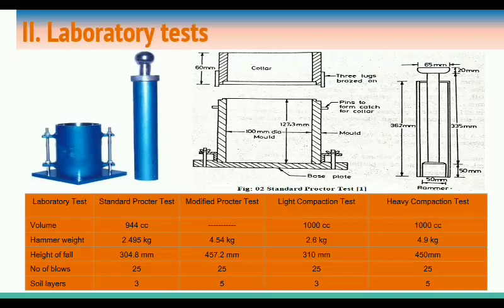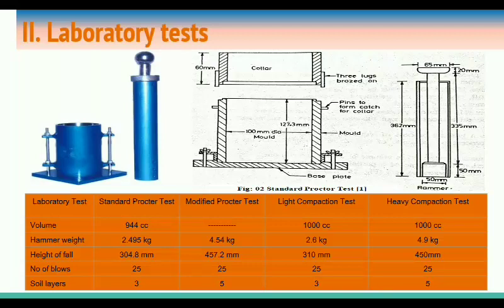The soil was compacted in the mold in 3 equal layers, and each layer was given 25 blows of a 2.495 kg rammer falling through a height of 304.8 mm.